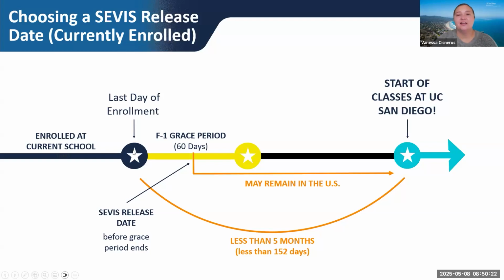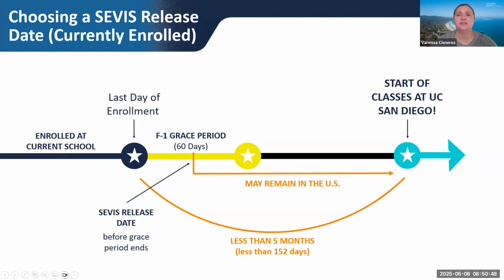And we know that when you want to transfer your SEVIS record, you have 152 days or 5 months to start your new program. You can see a gap between the end of your grace period and the start of starting classes here at UC San Diego. That is okay. You can lawfully remain in the United States during that period of time with your transfer I-20. You do not have to exit and depart at this time.